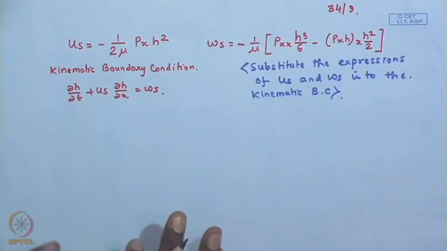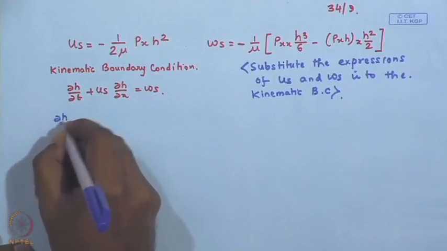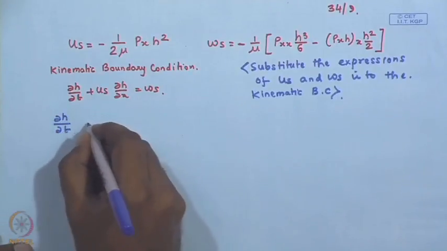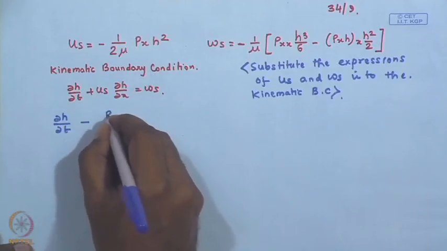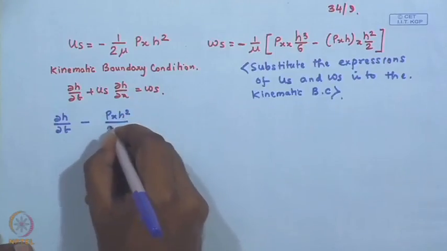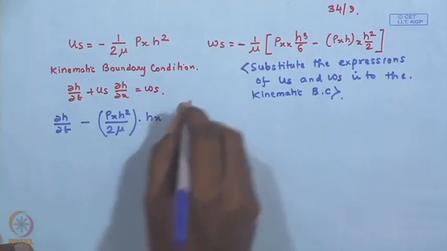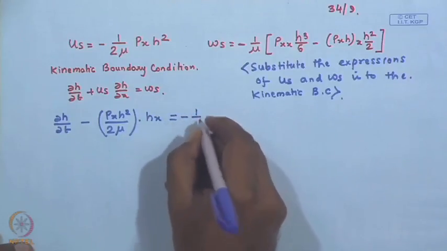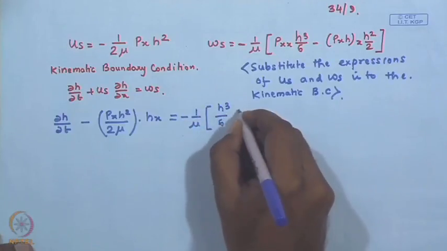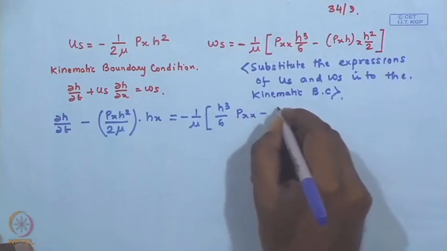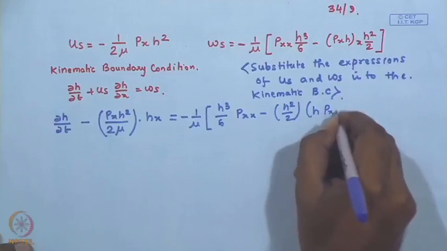And once you do that, what you get is ∂h/∂t plus, you substitute the expression for this, px h²/2μ, into ∂h/∂x, is equal to minus 1/μ times h³/6 pxx minus h²/2 h pxx.